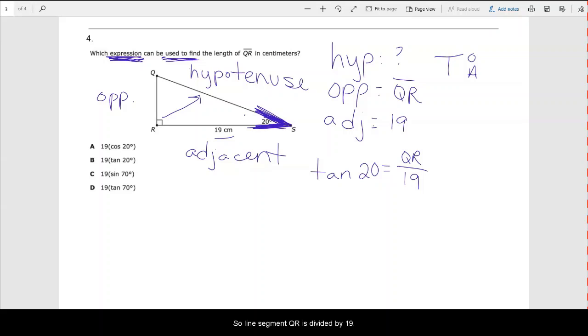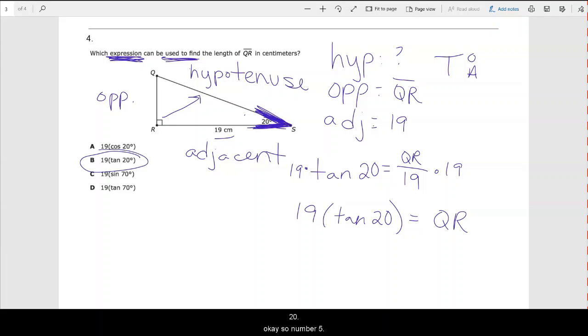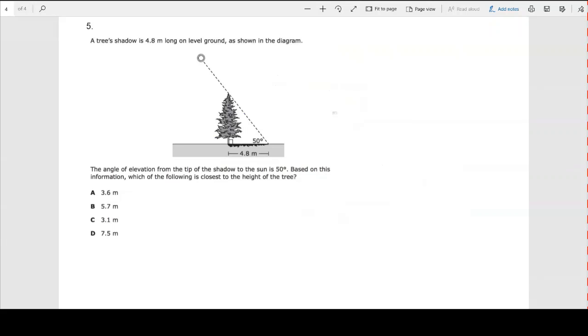Line segment QR is divided by 19, so we need to multiply both sides by 19, and we get 19 times the tangent of a 20-degree angle is equal to the length of line segment QR. So 19 tangent 20.